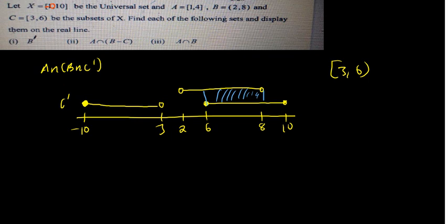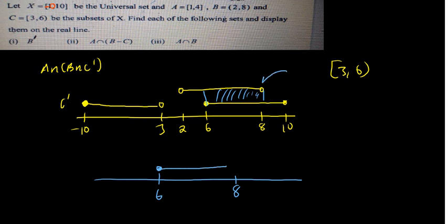But 6 is going to be part of the intersection, and then 8 is not going to be part. Why? Because 8 is not part of this set. Alright, so it is going to be like that. This is B intersection C complement.